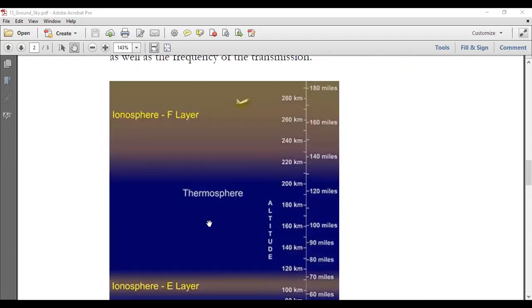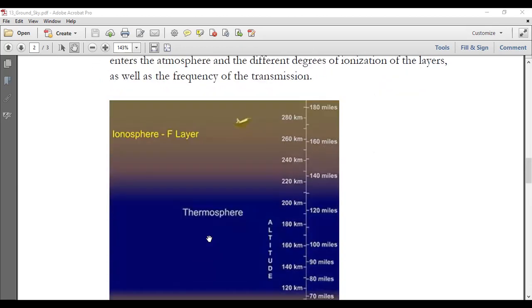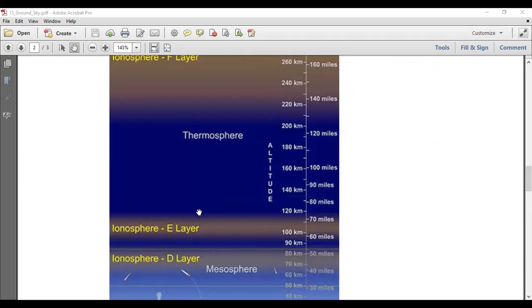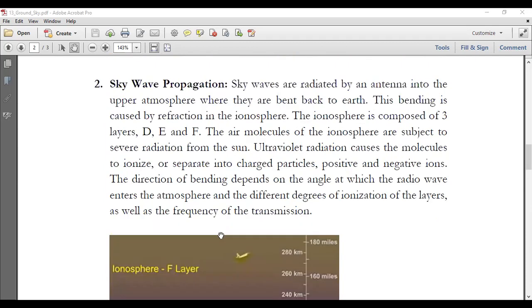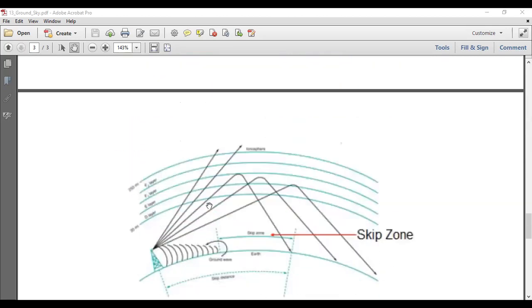It is ionosphere because you have some ionization there, and so these ions can create an area where you have good refraction. And also you can see the ionosphere is pretty high. Okay, so this high refraction can cause a complete internal reflection, allowing the signal to come back to the earth.